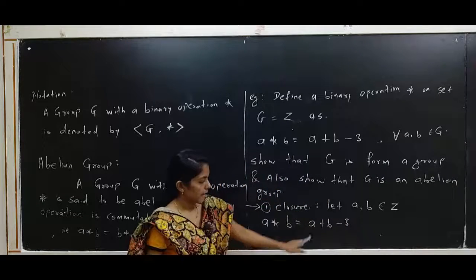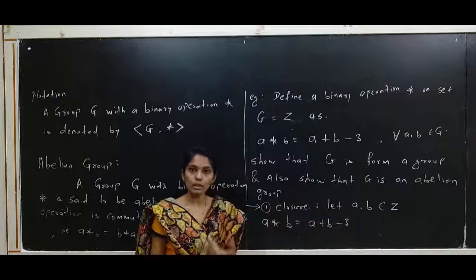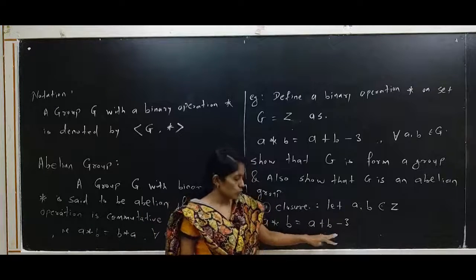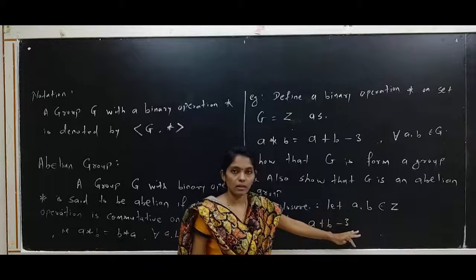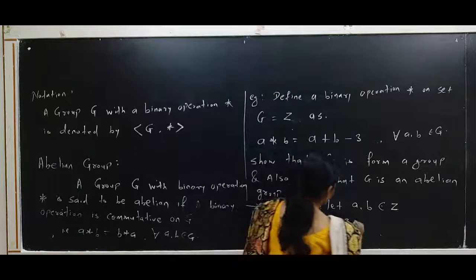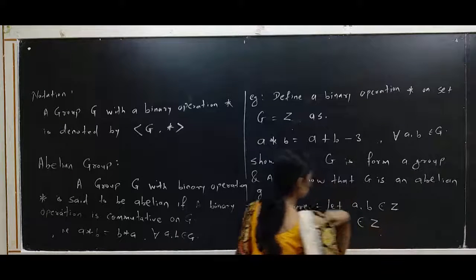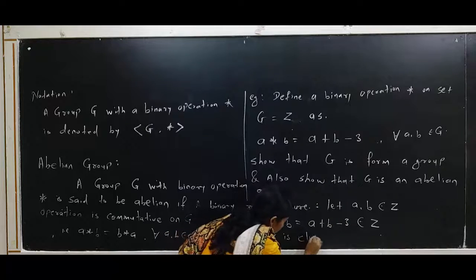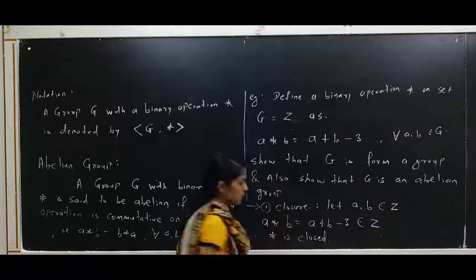So see here, a and b are any two integers, then their addition is again an integer. From this addition, if we subtract 3, then we again get an integer. So a plus b minus 3 belongs to the set of integers. Therefore star is closed. Okay.